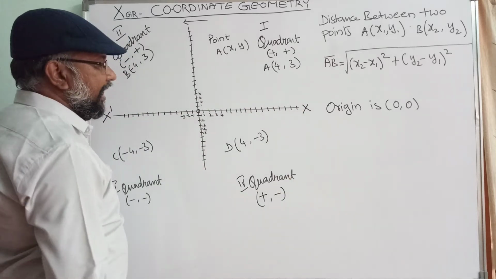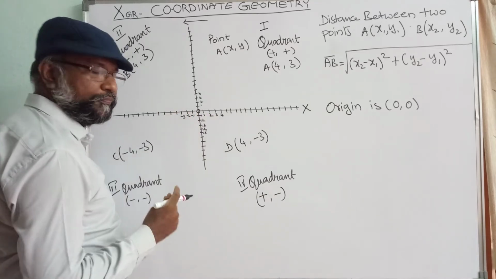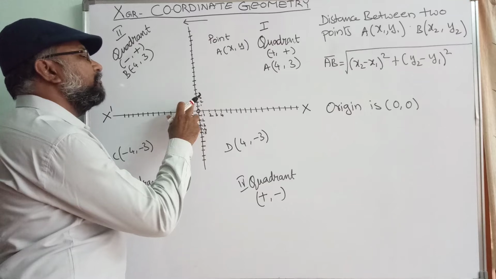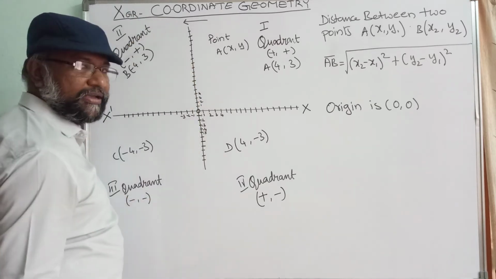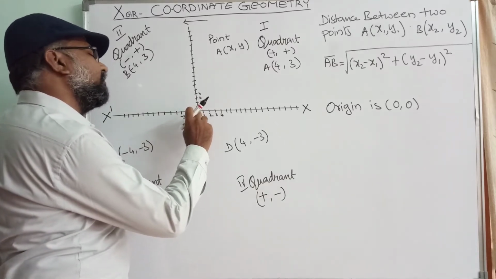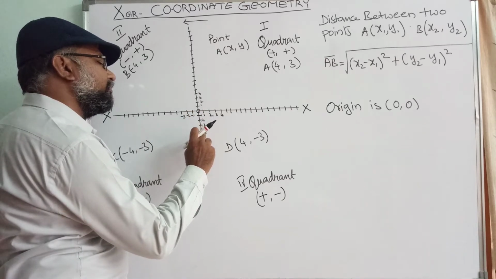x-axis. And if you see the vertical line, again it starts at 0 and increases: plus 1, plus 2, plus 3, 4, 5, 6 and so on. And from the 0 it will decrease: -1, -2, -3, -4, -5.